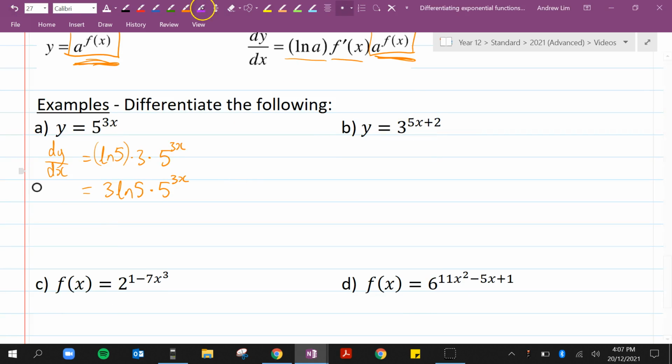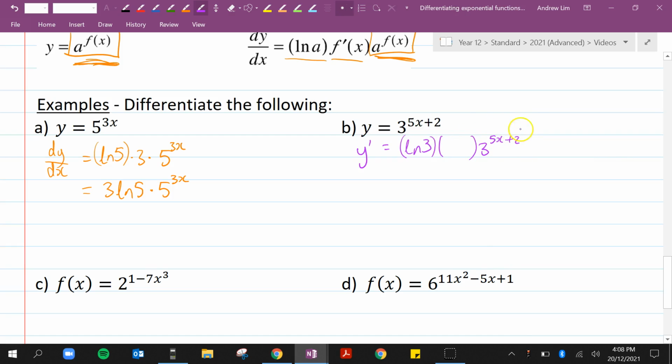Question B. y equals 3 to the power 5x plus 2. So when we differentiate that, we're going to have exactly what it is. We're going to have ln of the base. And we're also going to multiply it by the derivative of the power.